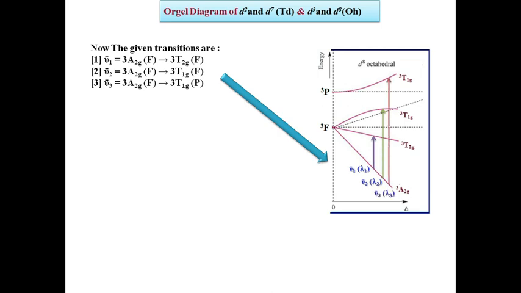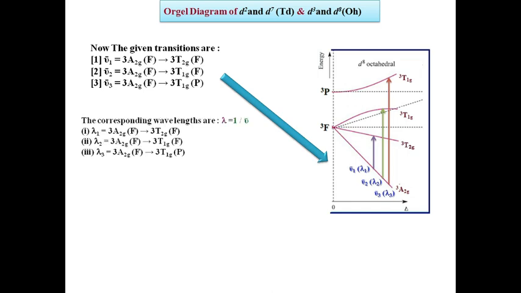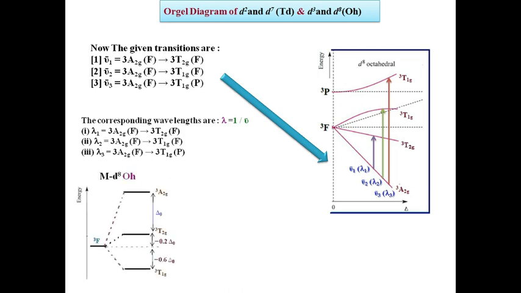We must use g for octahedral cases. From the energy involved in these transitions, we can find the corresponding wavelengths and absorption positions from experimental spectra, and also interpret the color of their complexes. The 10Dq value may be calculated considering the T2 to A2 splitting of the F term.